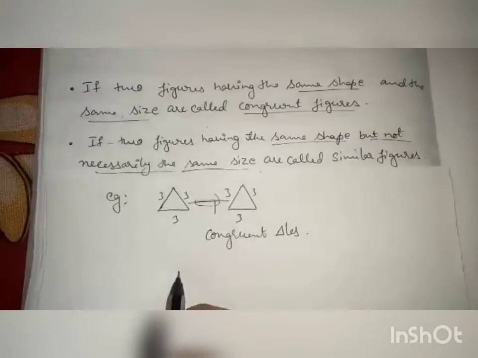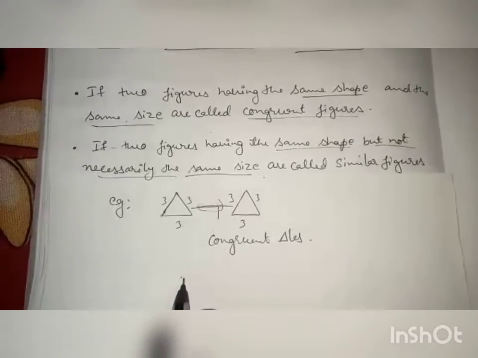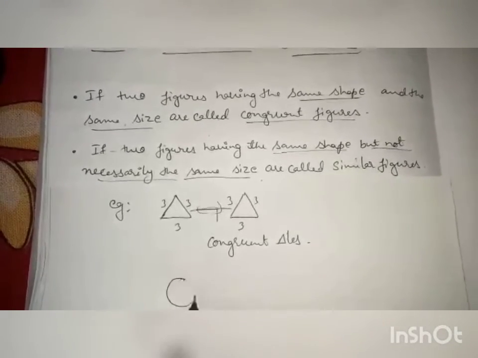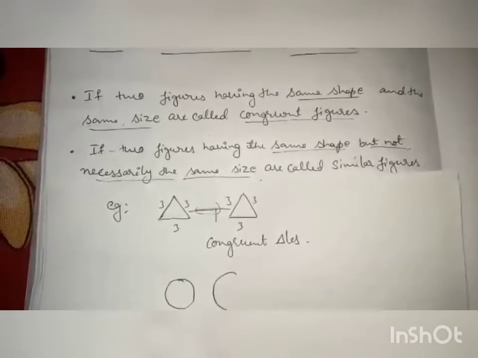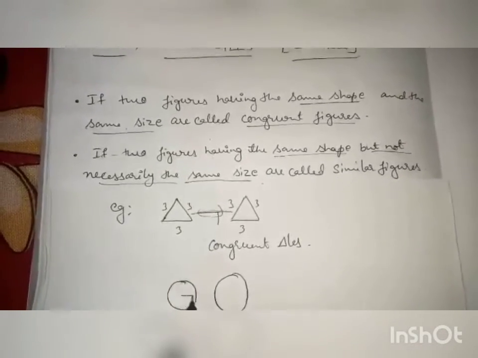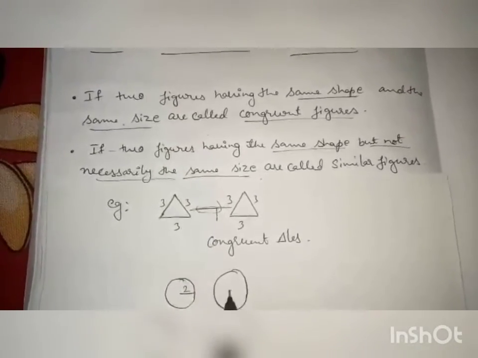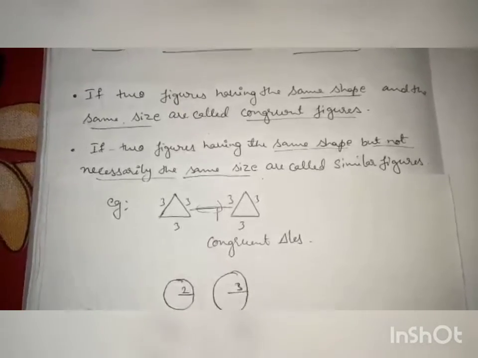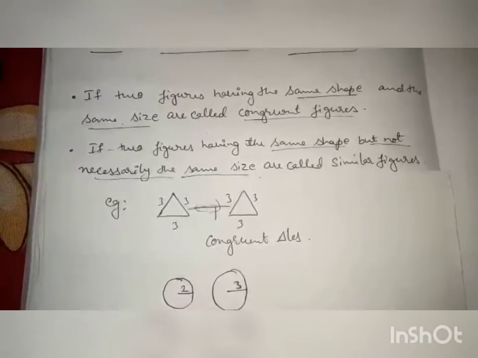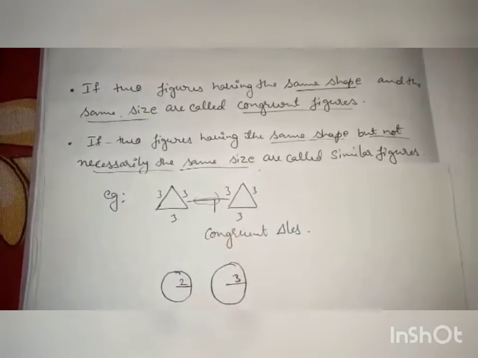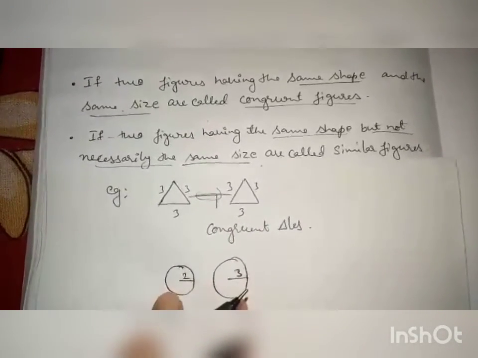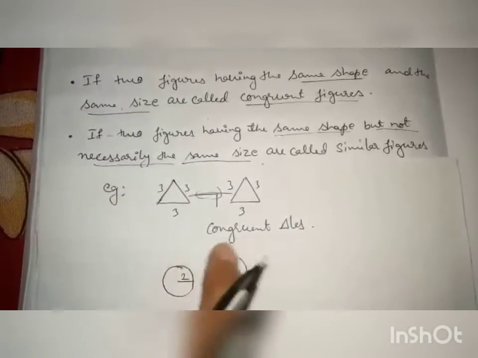For example, this and this. This is a 2 centimeter circle and this is a 3 centimeter circle. See, they are having same shape, right? Both are circles, but the size is not the same.